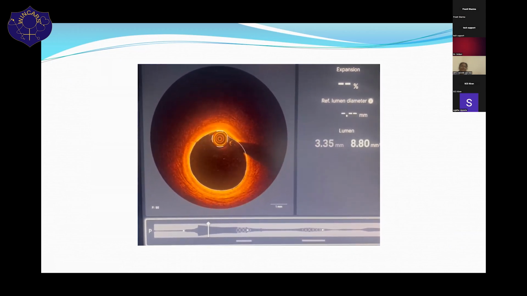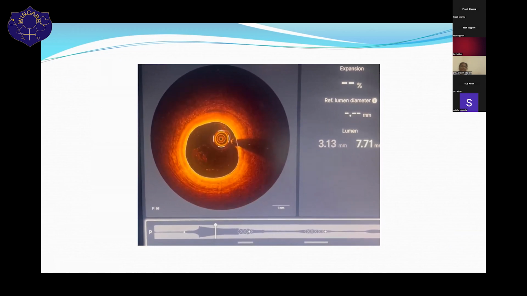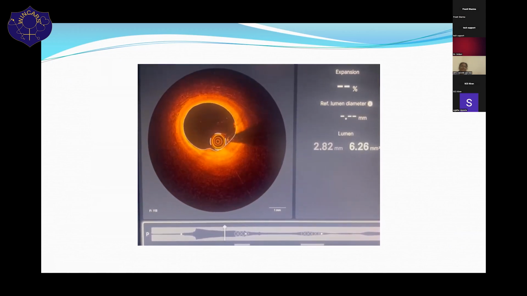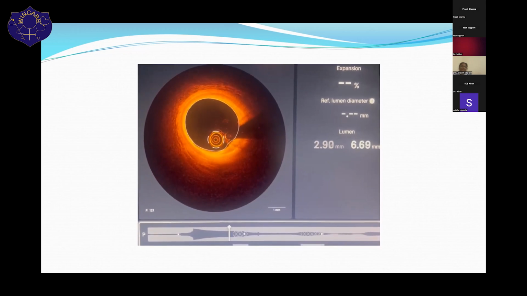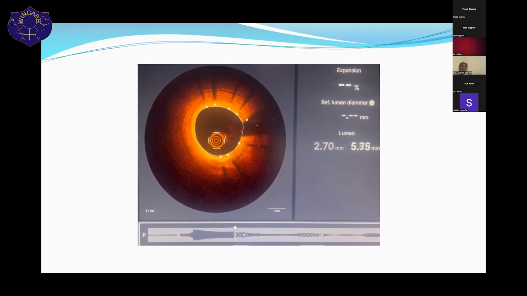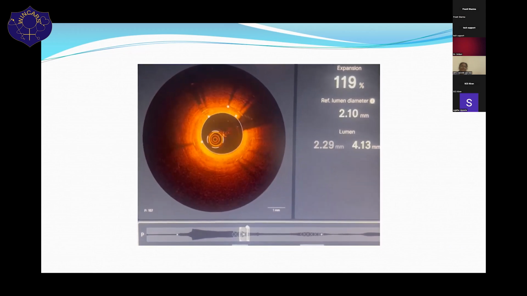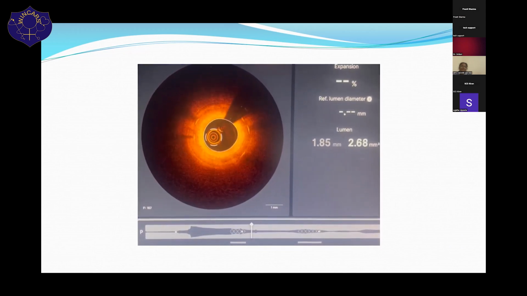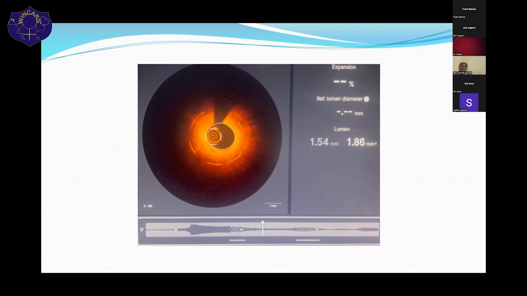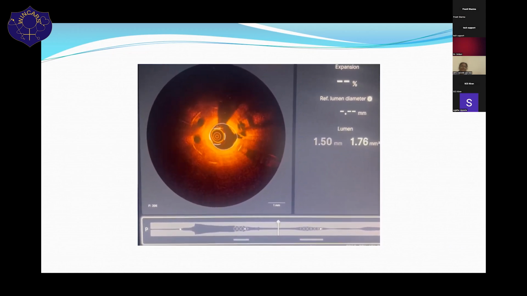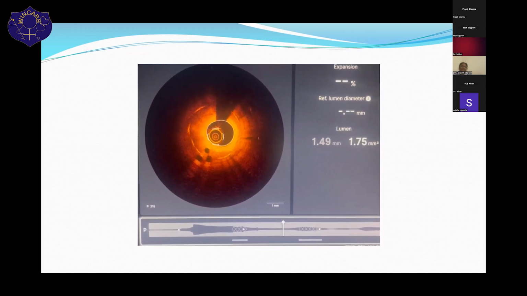So proximal RCA is normal. Above the stented segment, there is some lesion starting, and we felt it is a combination of neoatherosclerosis and neointimal hyperplasia. There were no areas of calcium nodules or calcification. There were some areas of microvessels within the plaque, but overall we felt stent expansion was good.